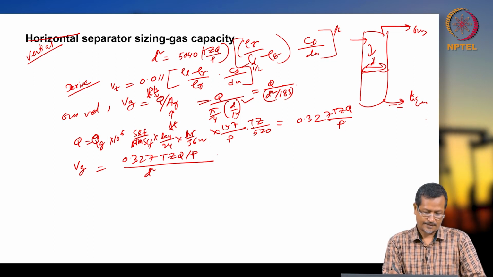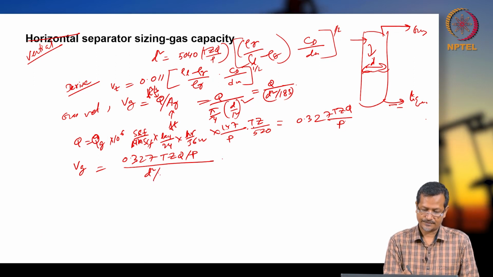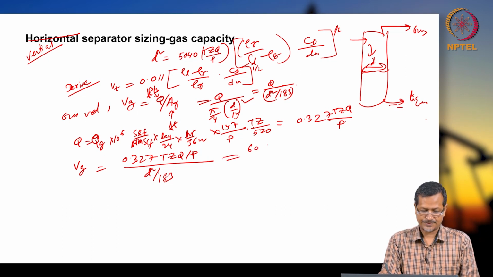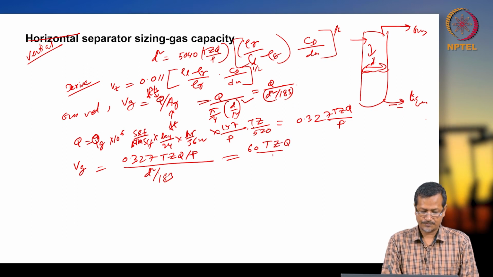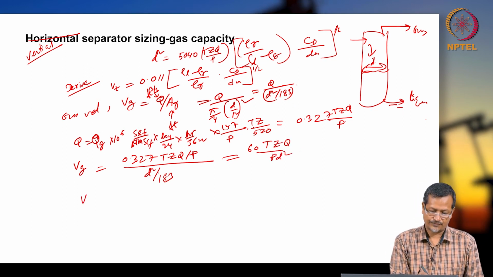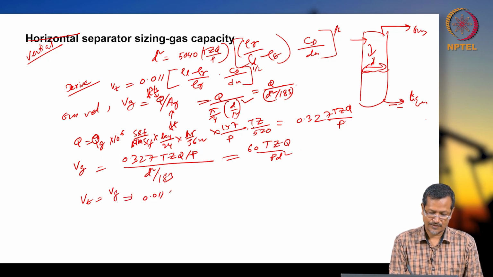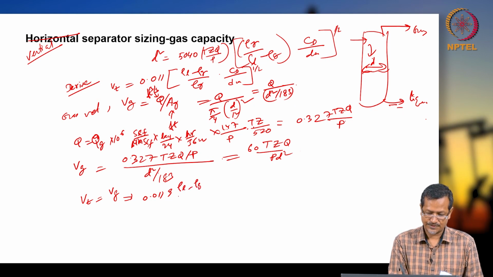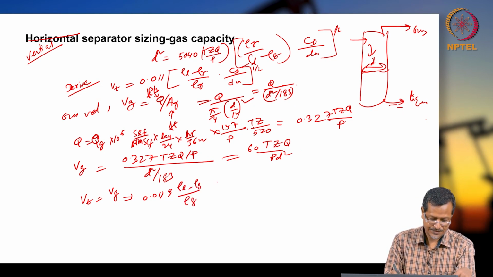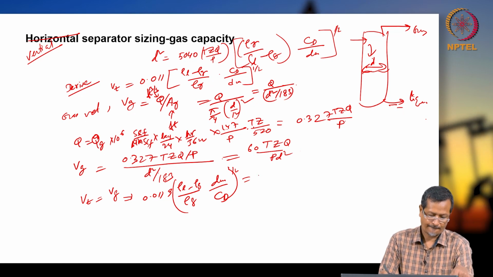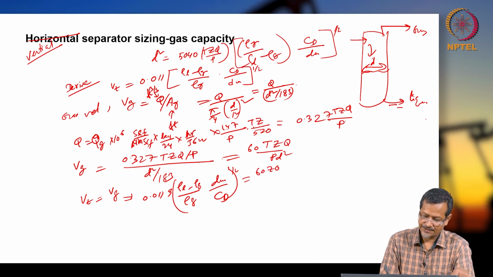Okay, 183 then, right? Okay, so now this is giving 60 TZQ over P D square. So Vt equals Vg. So this implies 0.0119 times rho L minus rho G by rho G, times dm over CD, to the power half, equals 60 TZQ over P D square.